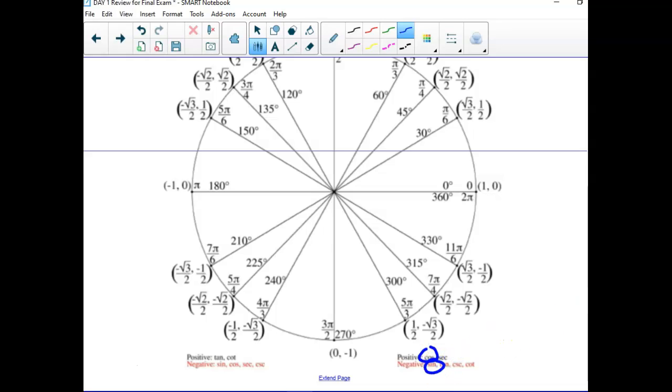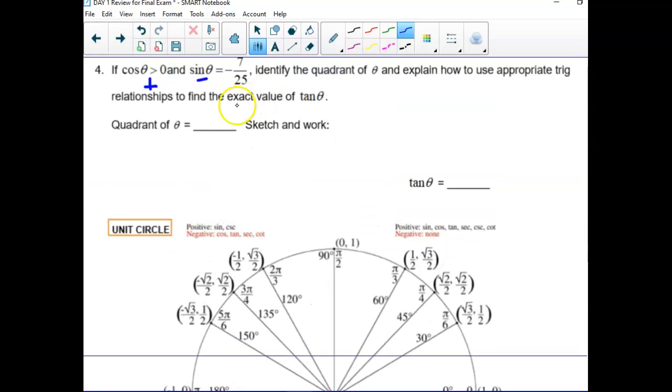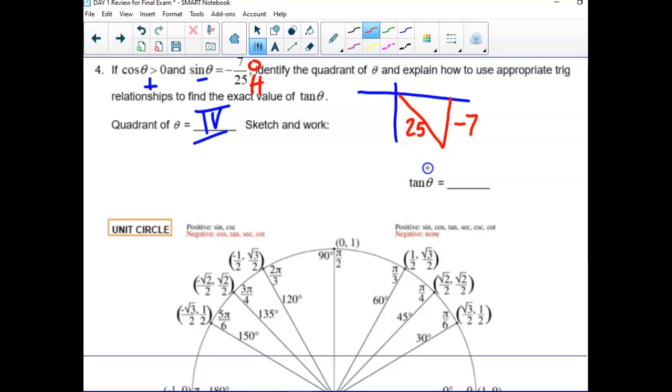Everybody good? So this brings us to quadrant 4, and I don't care if you use regular number 4. So then if we sketch it in quadrant 4, if we draw a triangle with the x-axis, whose sine is opposite over hypotenuse, we'd have negative 7/25. The hypotenuse is never negative.